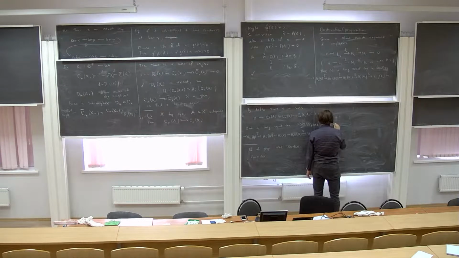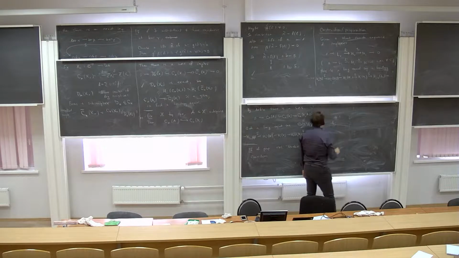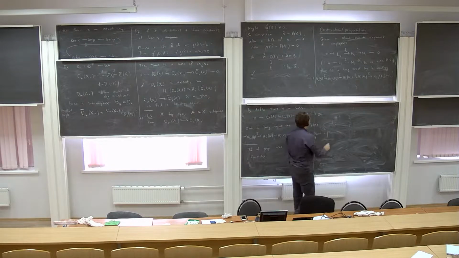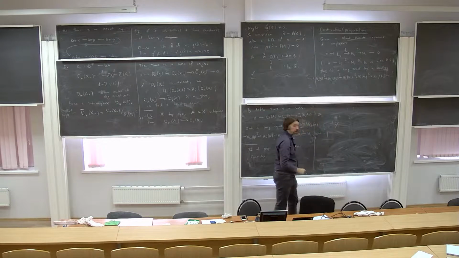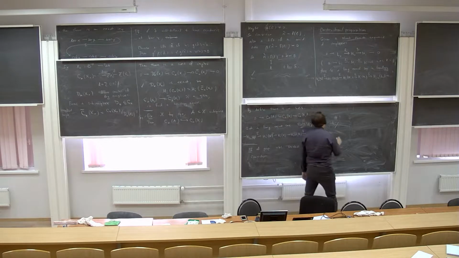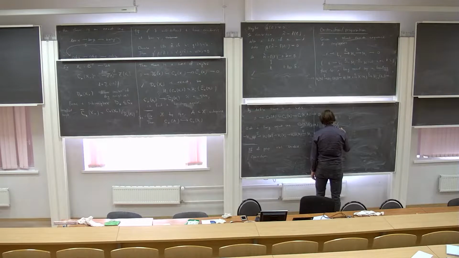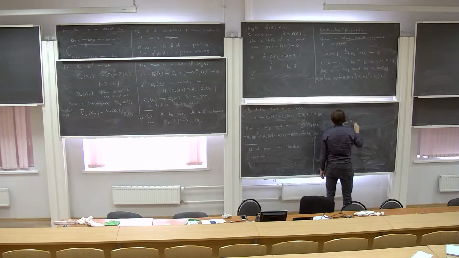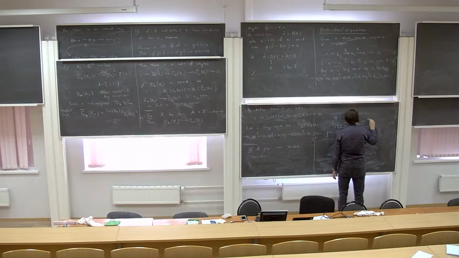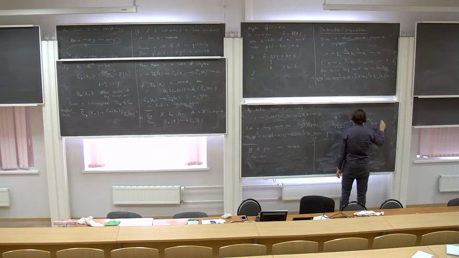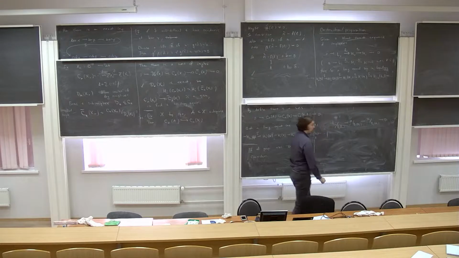So consider, in degree i, L_i modulo the incoming differential. So those are the i boundaries. And similarly for M and N. Now, it's easy to check that this is exact.